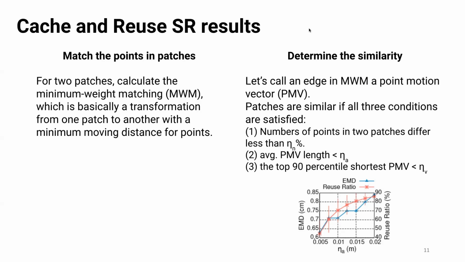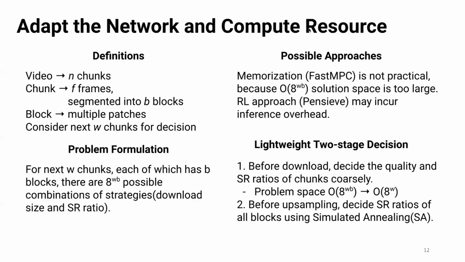So as the eta a goes up, the accuracy goes down, and you can make use of more reuse ratio. Yeah, you can use the super resolution a lot more with the lenient eta a, the relaxed condition.